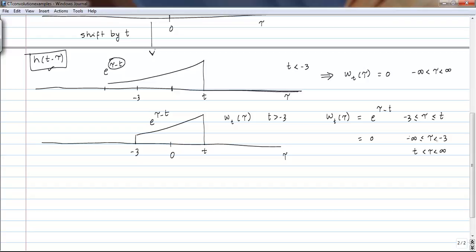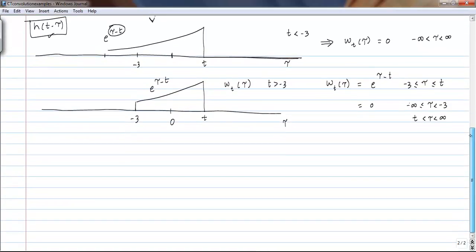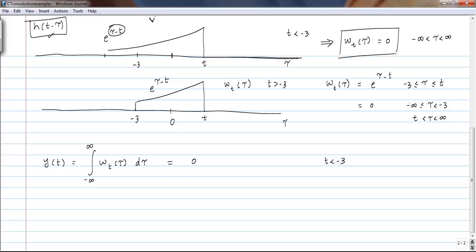Now that we have determined the form of w_t of tau, y of t can be obtained by simply integrating w_t of tau d tau from minus infinity to plus infinity. So what is this? For values of t less than minus 3, this is clearly going to be 0 because we are integrating 0. But for values of t greater than minus 3, this will be the integral from minus infinity to plus infinity of this function.